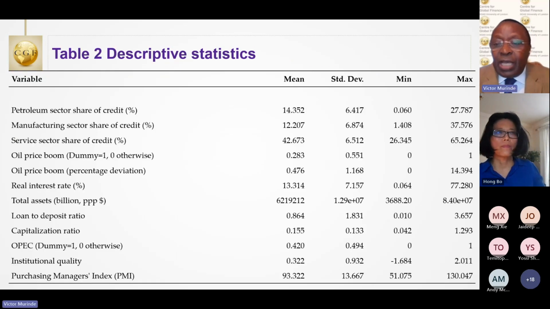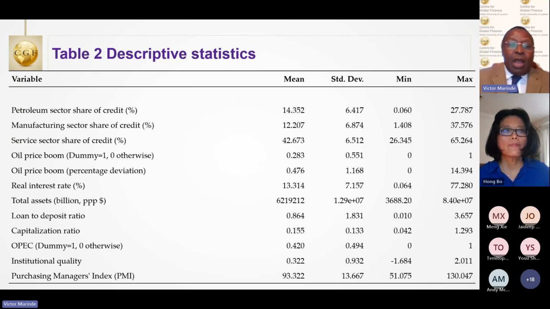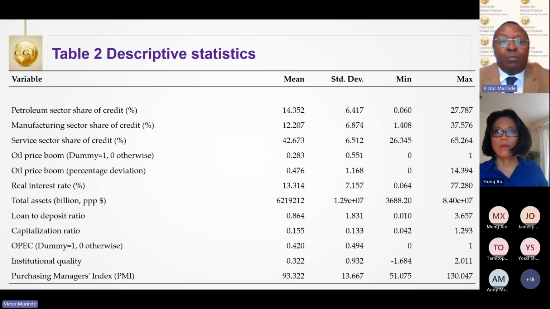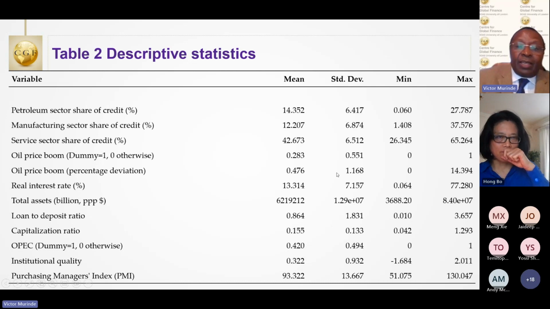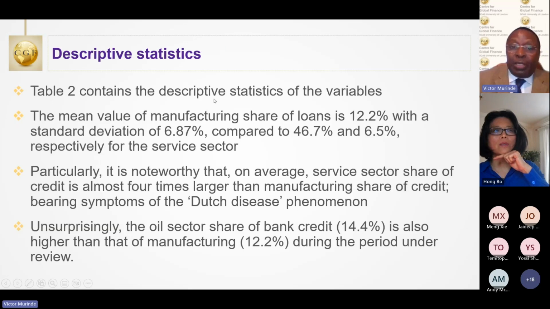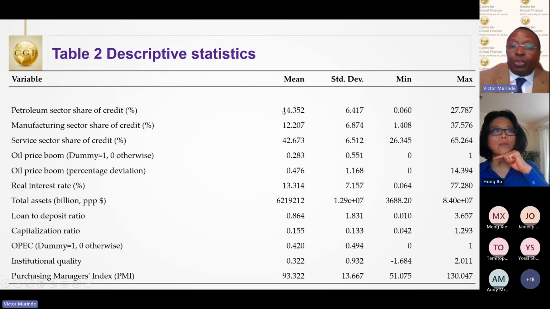Now, in terms of the descriptive statistics, this time looking at the variables we are using in the regression. First of all, we find that the petroleum sector share of credit is not trivial. It stands at about 14.352, where the maximum is actually 2.7.